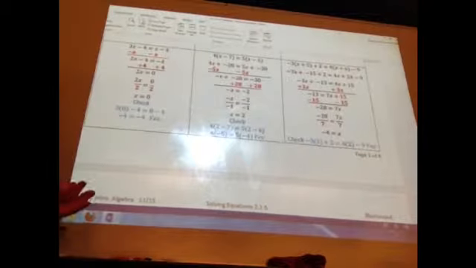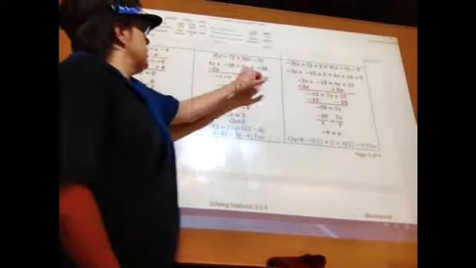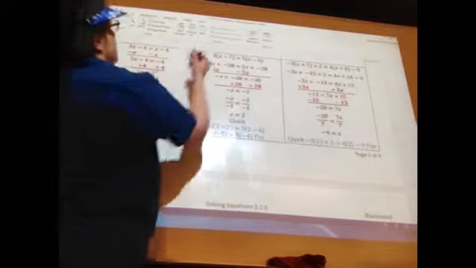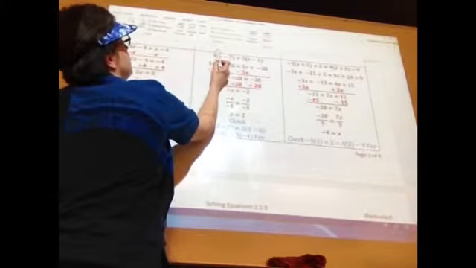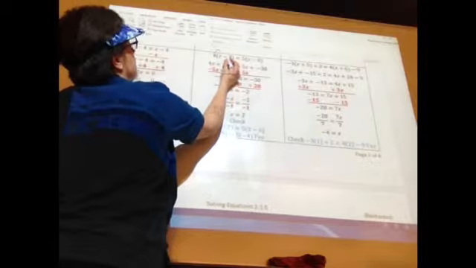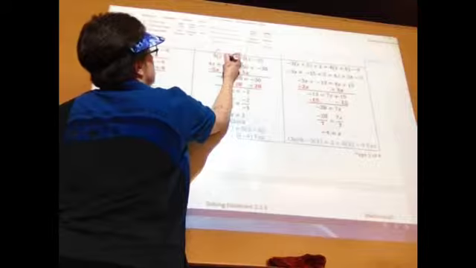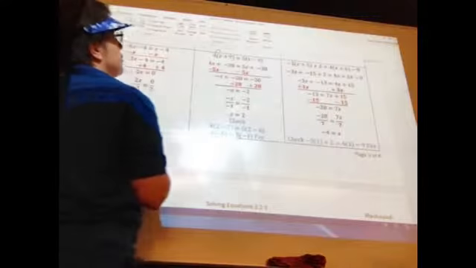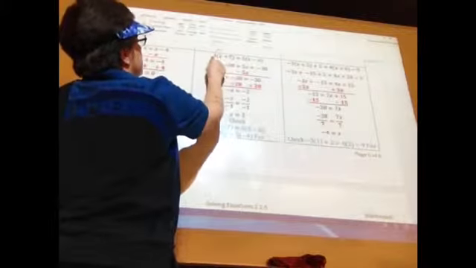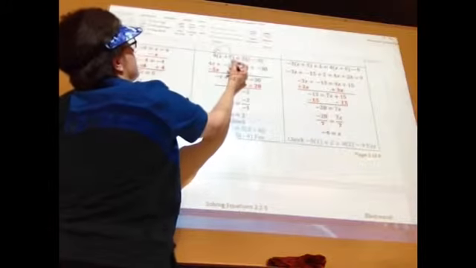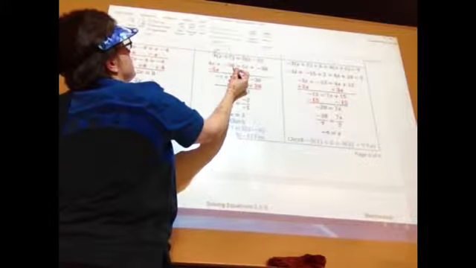So, order of operations, parentheses, can't simplify inside them. Okay, exponents, multiplication, division, so I can multiply. 4 times x is 4x. I always like to say subtraction is plus the opposite, so it'll be plus a negative 7. So then I can say 4x plus positive 4 times negative 7 is a negative 28.